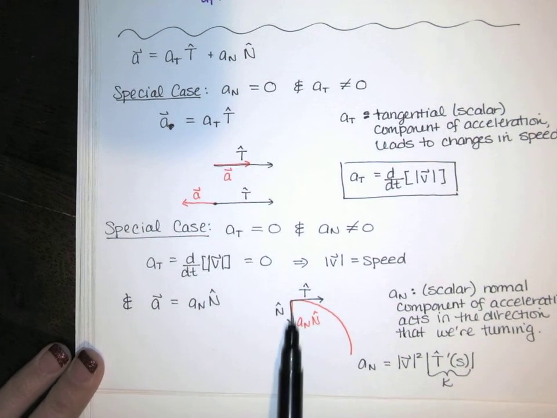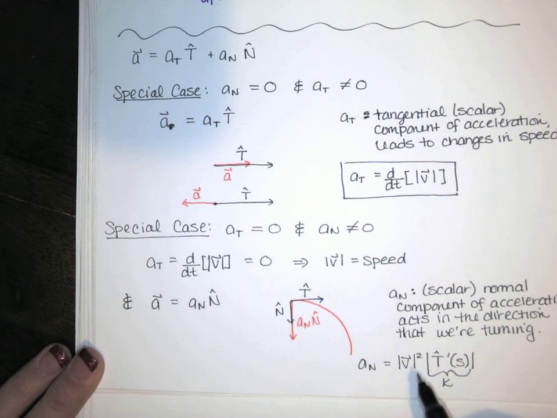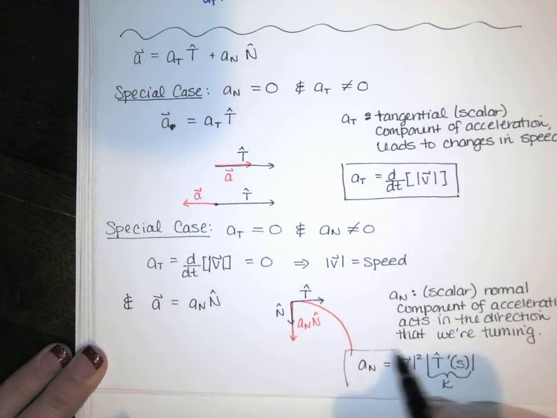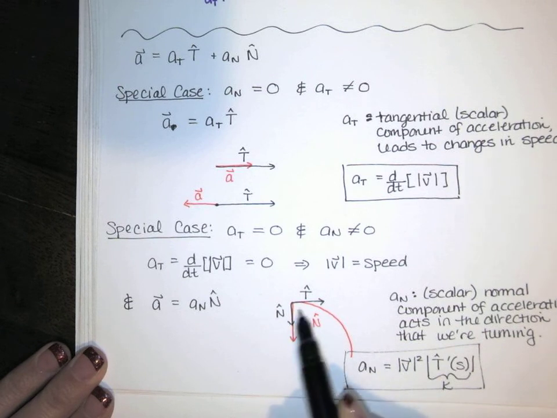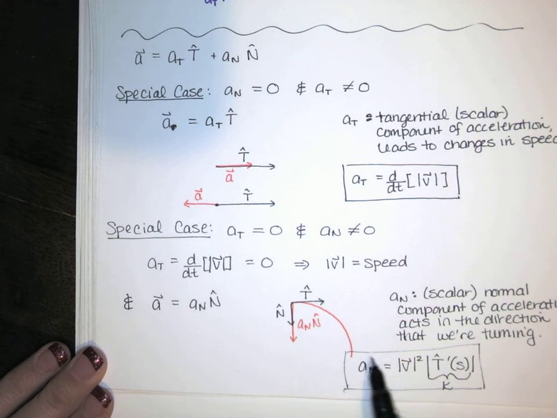Well, if you don't want to feel that way, what do you do? You're going to do one of two things. You're either going to lower your speed, and that will reduce this normal component of acceleration. If you lower your speed, it won't be so bad. Or you can just take a wider turn.